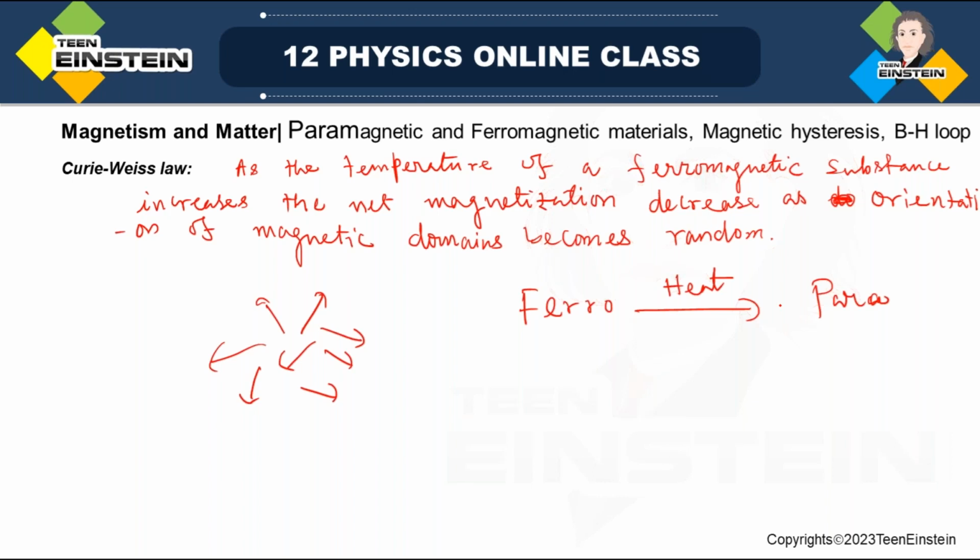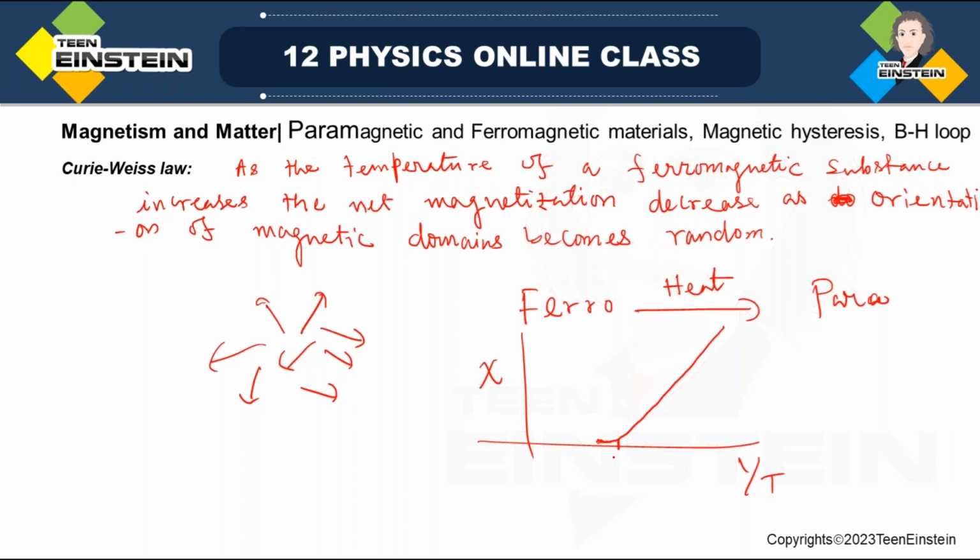This is what is expressed in terms of susceptibility. If we draw the curve of susceptibility versus 1 by T, you'll get a curve like this, and then there is a turn, and then it becomes maybe zero.